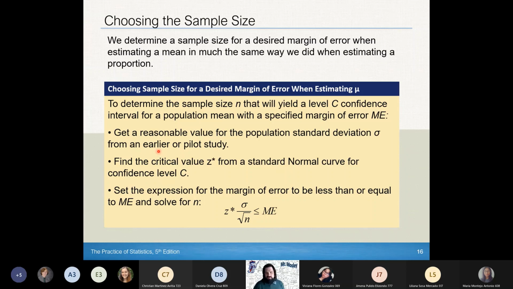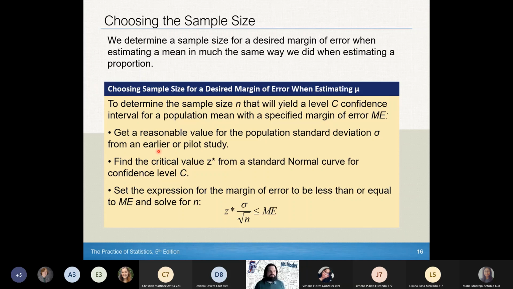Right? We have to have something to use as the standard deviation. It could be from a previous sample, like I said, earlier or pilot study. That's okay to use. It's the best we have.